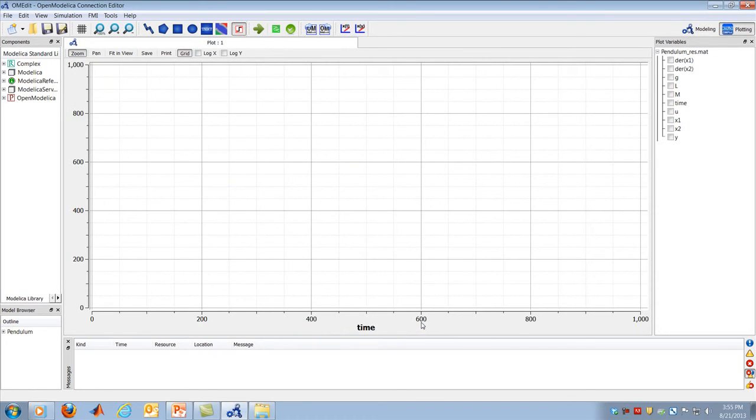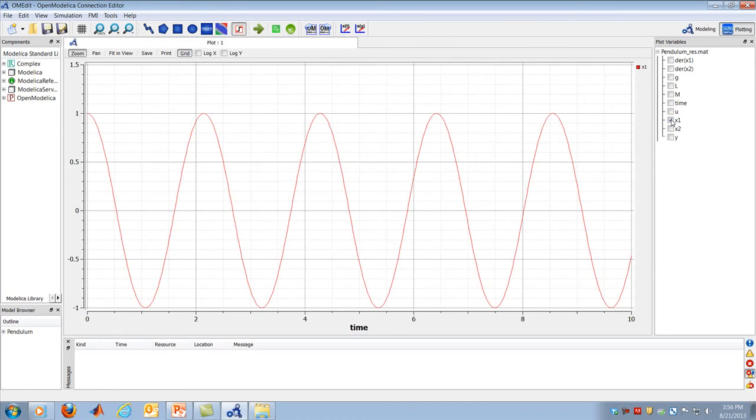And it gives me a graphical screen, and notice how I've switched from the modeling panel to the plotting panel. Now I can plot x1, which is the angle, as a function of time, and you notice how the pendulum oscillates beautifully, which is what we expect a pendulum to do, between +1 and -1 radians.